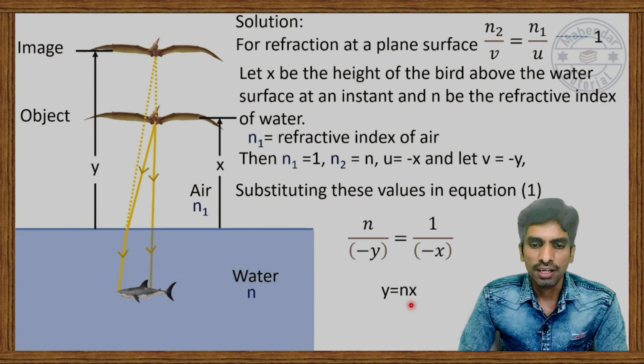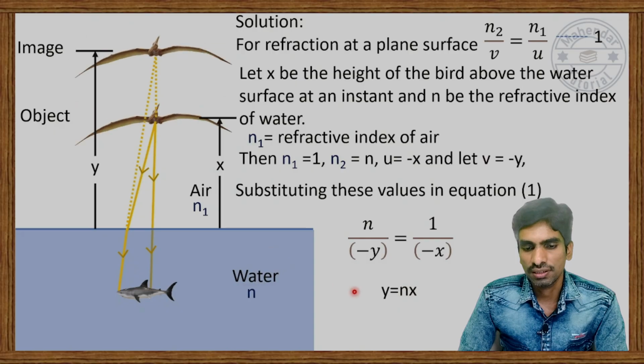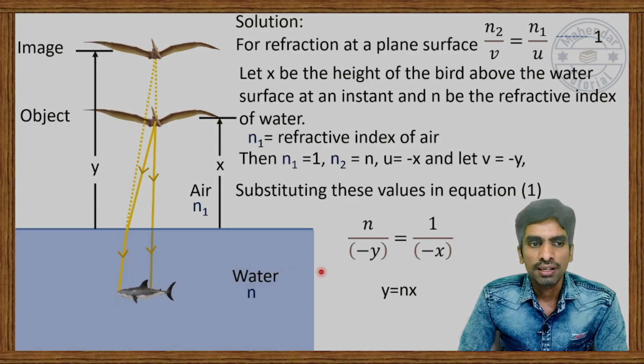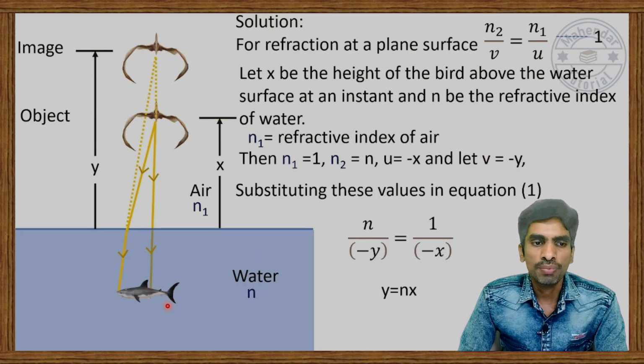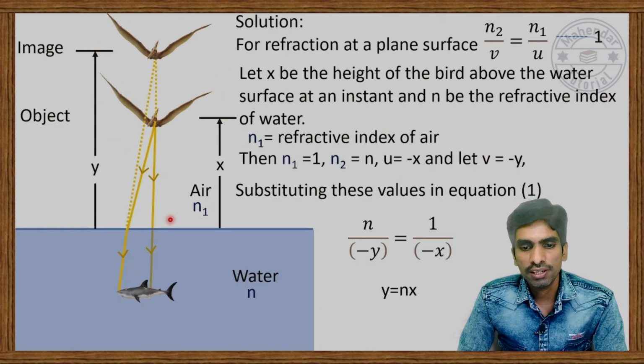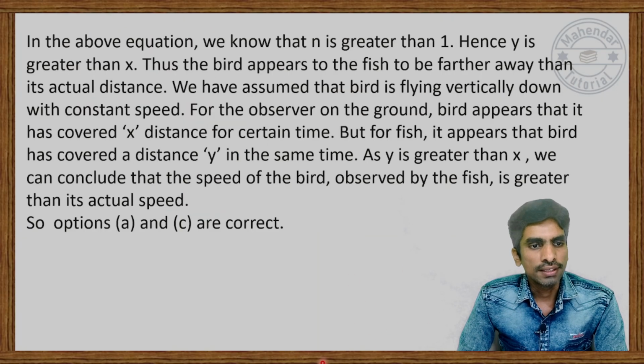Here we know that n is greater than 1. It means y, the image distance, is greater than x. So the image distance is greater than the object distance. So for the fish, the bird will appear farther than its actual distance. In the above equation, n is greater than 1, hence y is greater than x. Thus, the bird appears to the fish to be farther away than its actual distance.